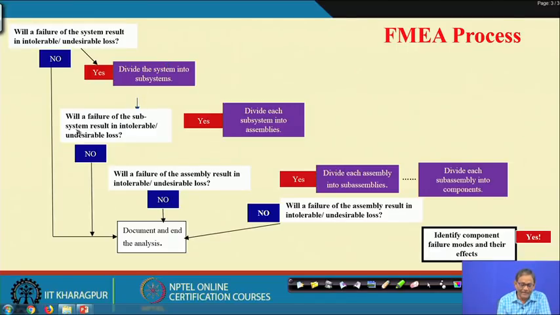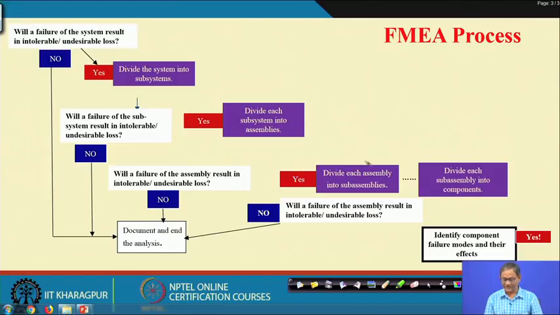and then again ask the question: will a failure of the subsystem result in intolerable, undesirable loss? If no, document and end the analysis. If yes, then divide the subsystem into assemblies, put a similar question, and in this manner you go on breaking down. Will failure of the assembly result in loss? If no, then end.